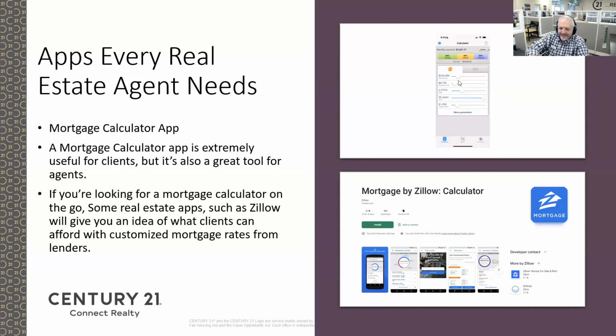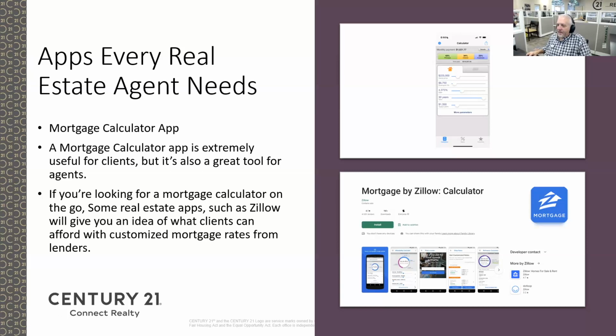Hang on. It's gonna drive me crazy now. I'm gonna have to find it and tell you exactly what the name of that one is. It literally is called Mortgage Calculator. I'll put a link in and send it out to everybody when we get done here. Thank you for that question, CC.